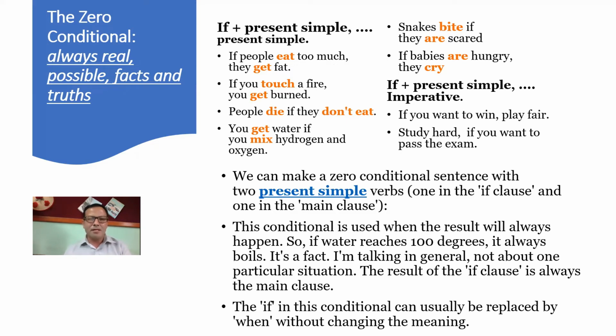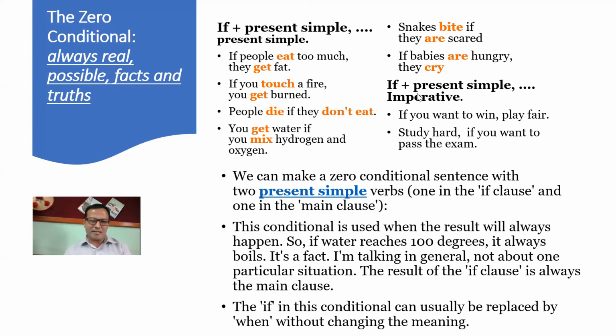If people eat too much, they get fat. It's true, isn't it? And similarly, the last one, if babies are hungry, they cry. That is also a fact, isn't it? So in zero type, we always use present simple tense in both the clauses. Now, the next possible structure in zero type.